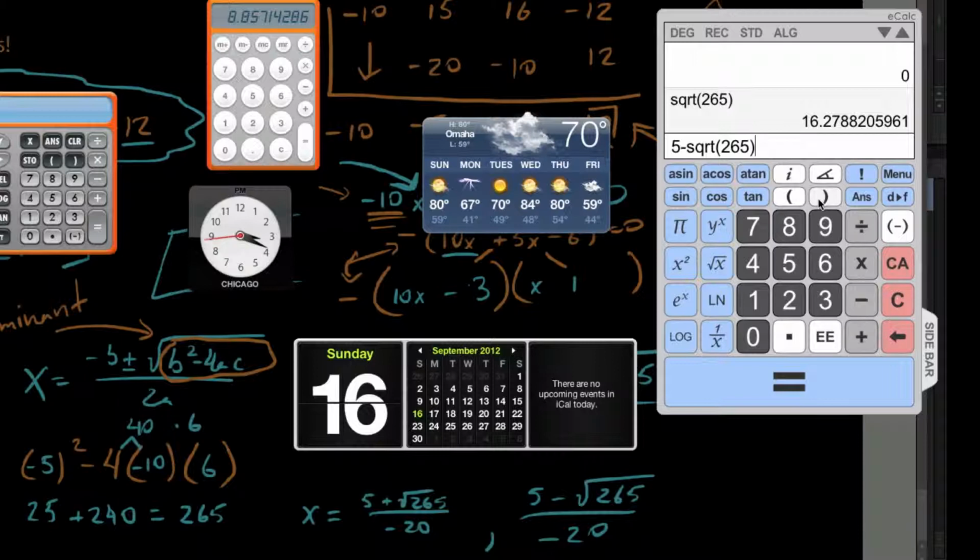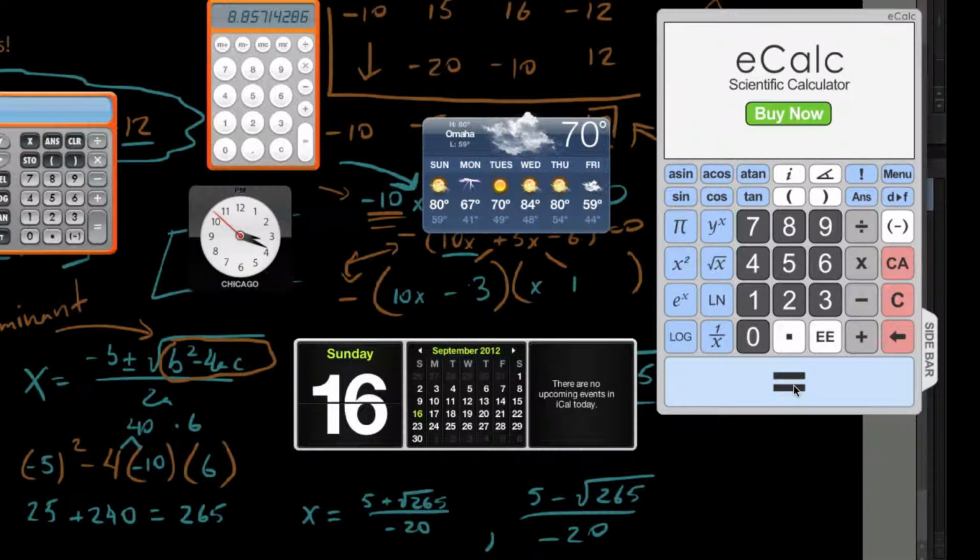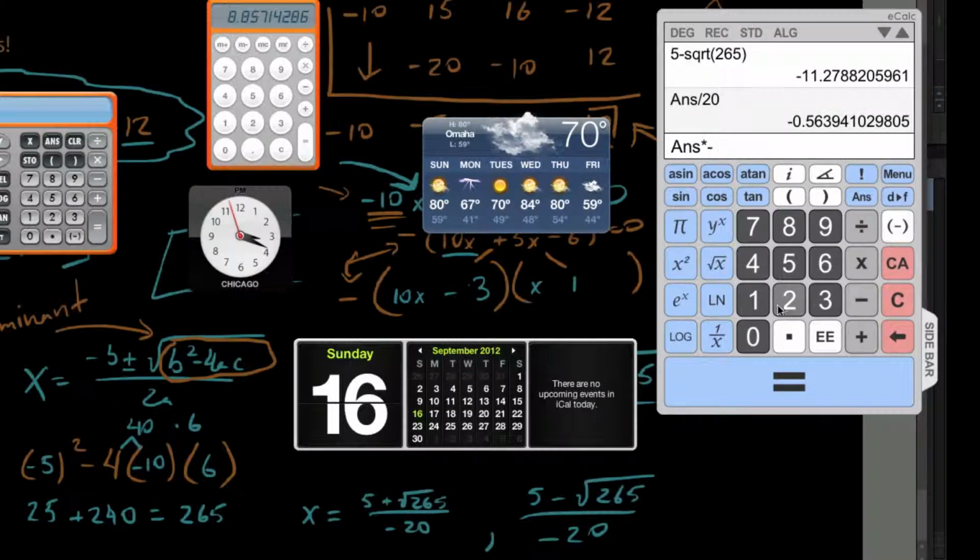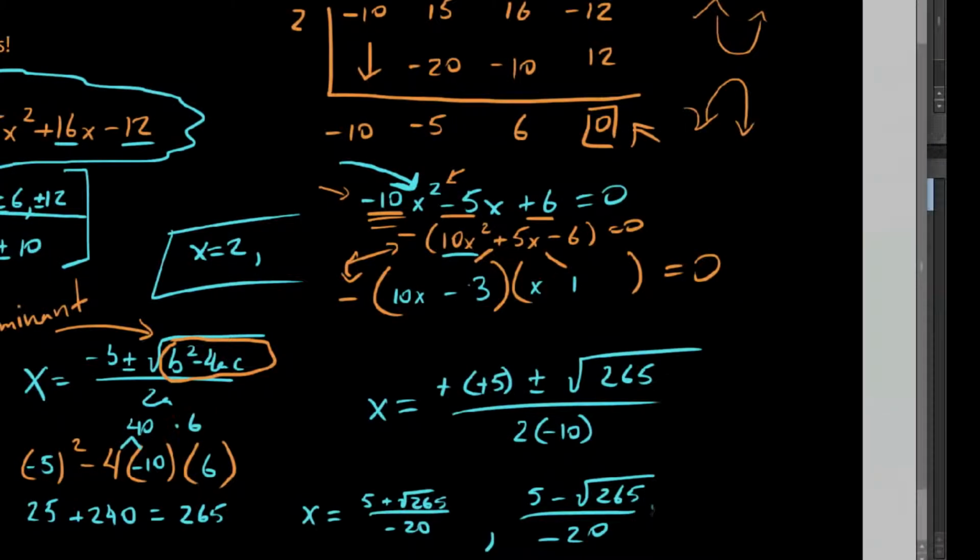5 minus radical 265, divided by negative 20, so we'll say 20, and that's negative, so really we'll take that times negative 1. So we get 0.5639-ish, so 0.564. So we go back over here. We say this is approximately 0.564.